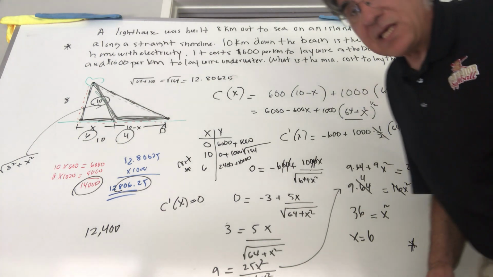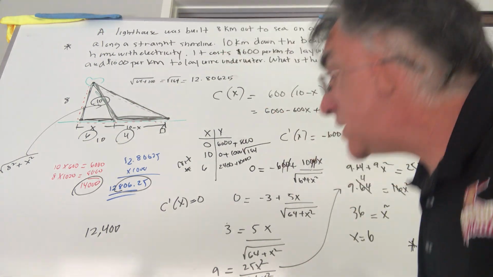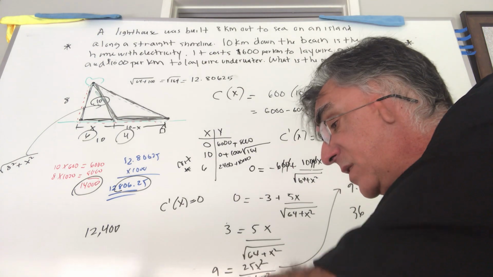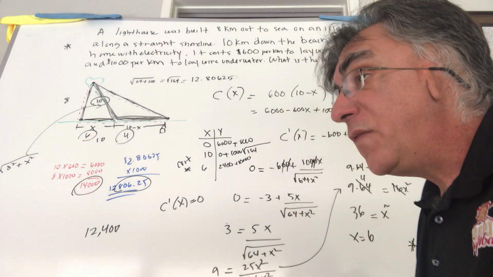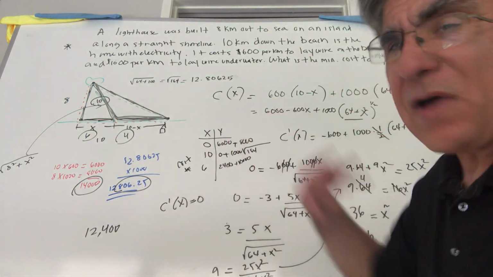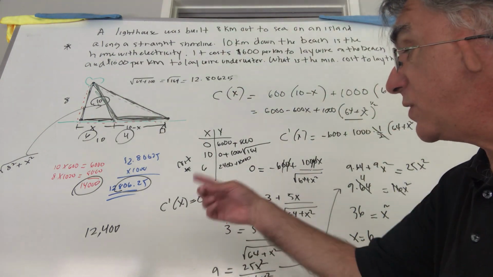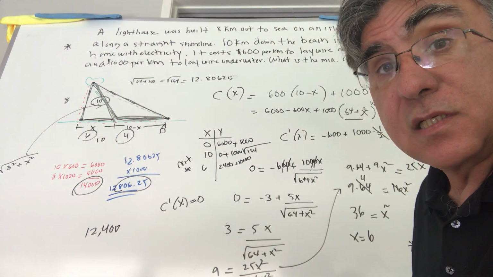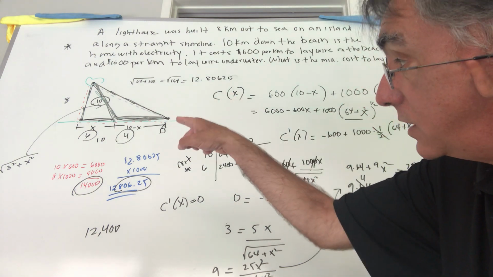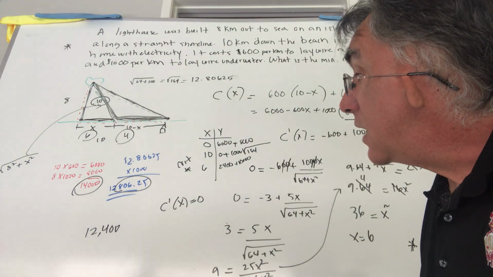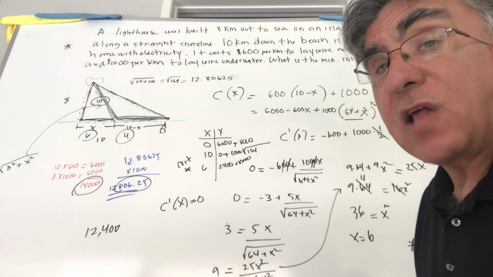Now again, there's a couple things to keep in mind. The reason this is such a big deal is what if this wasn't a $12,000 project? What if it was a $12 million project? Well, if you could save $500,000 by knowing exactly where to head out. Like I said, this has a lot of applications.